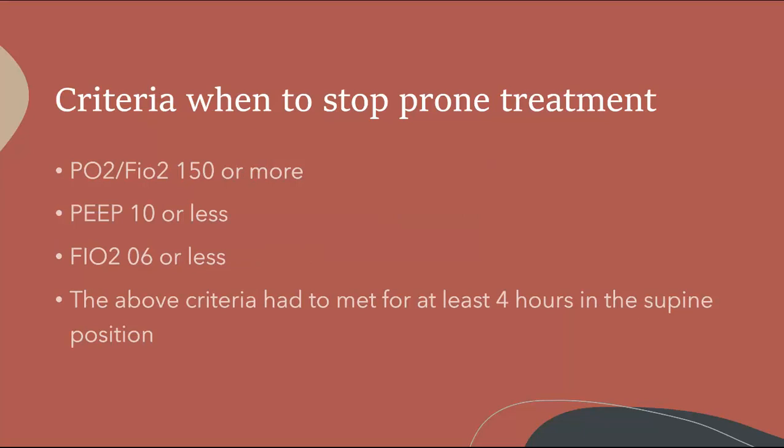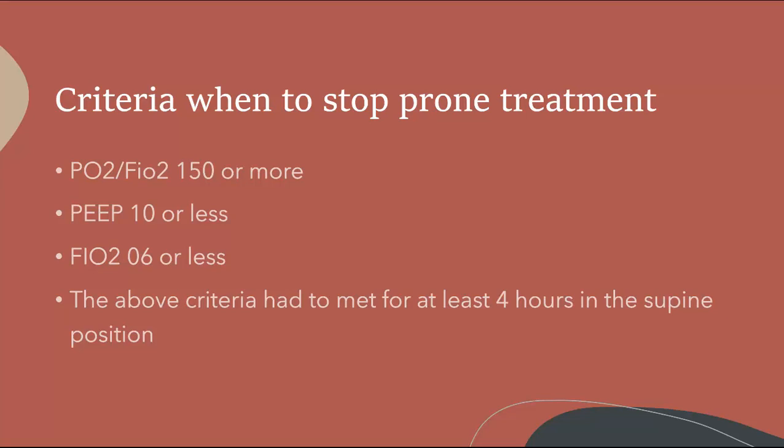So this is important: the criteria for when to stop proning treatment. So you have patients in proning position for 2 days. What factors do you have to depend on to say this patient should be in supine position, no more proning? The PF ratio should be 150 or more, PEEP should be 10 or less, and FiO2 should be 60% or less, and all these criteria should hold for at least 4 hours with the patient in supine position.